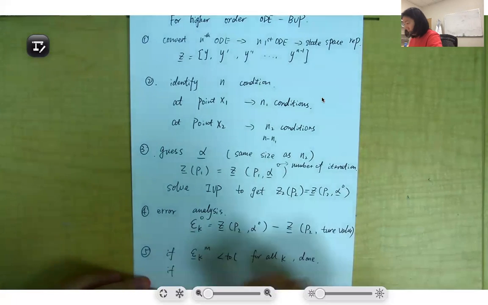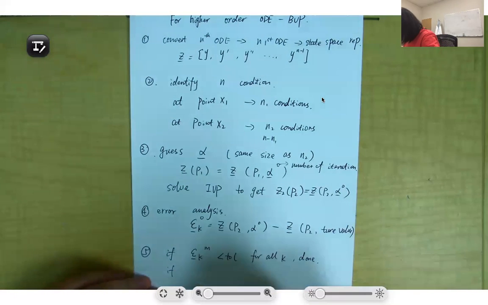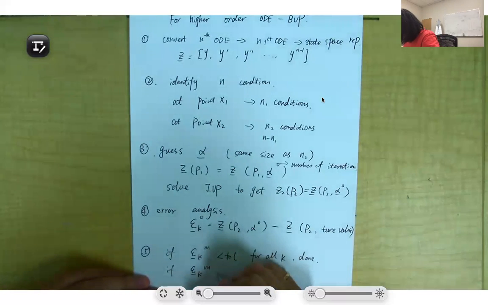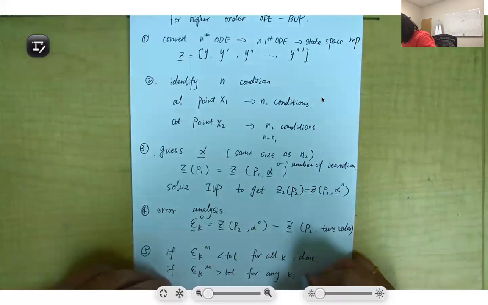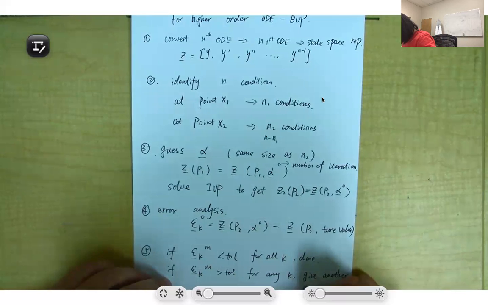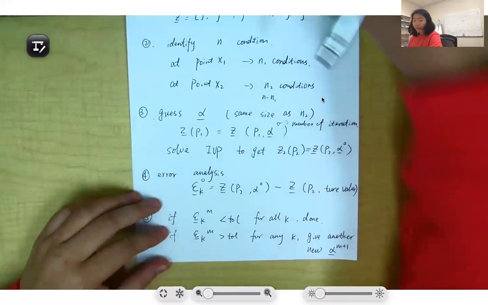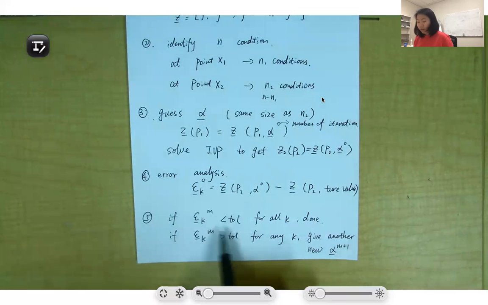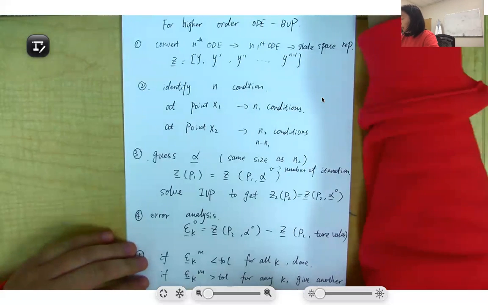However, if epsilon_k is over the tolerance for any k, then we have to give another guess, so that at the mth iteration they will all be smaller than the tolerance. Then we are done. And how do we give this new alpha?